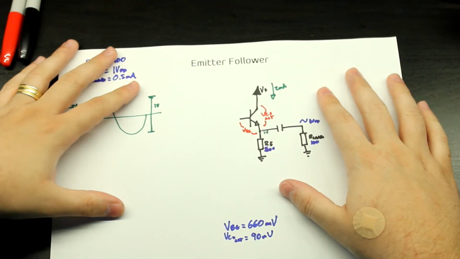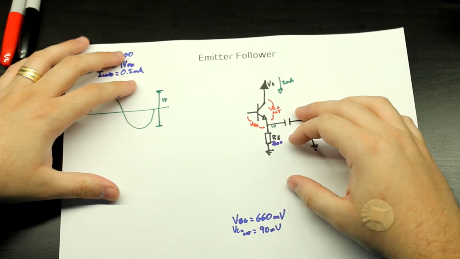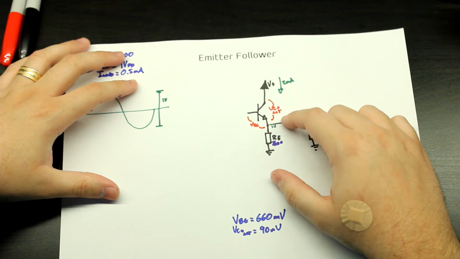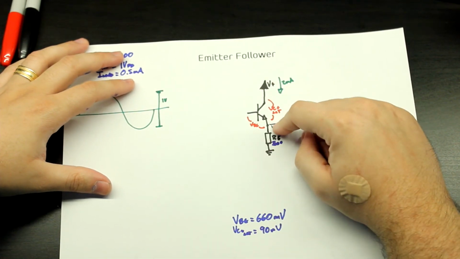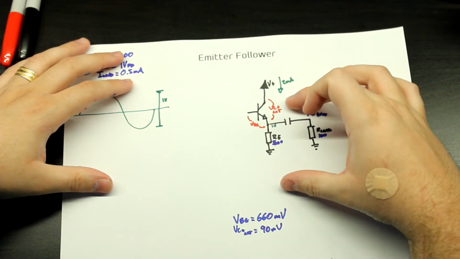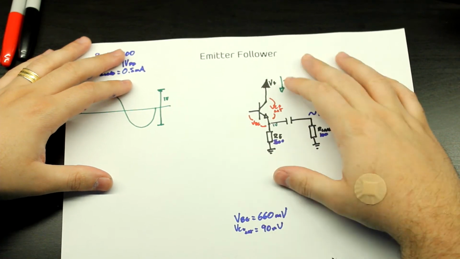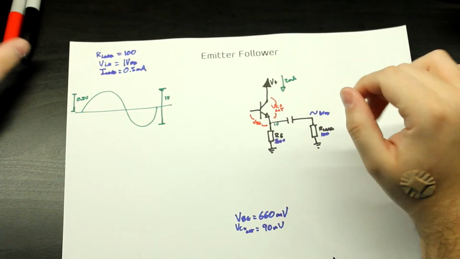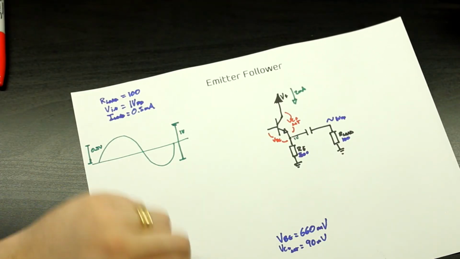Later on, we're going to be looking at current sinks, where you can maximize the swing in this output stage by putting this node at half of the usable voltage range that you have, but we're going to look at that in a later part of the video.